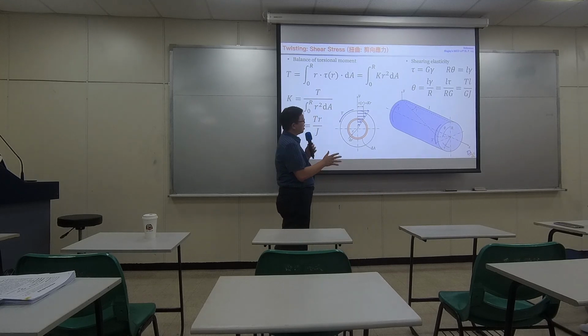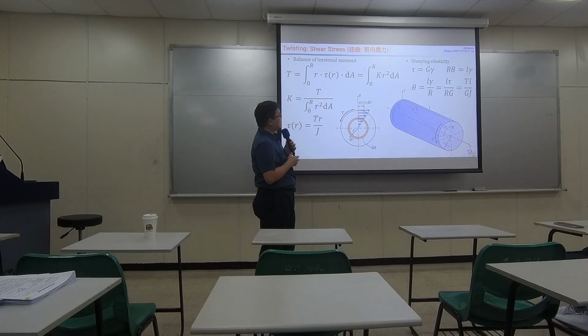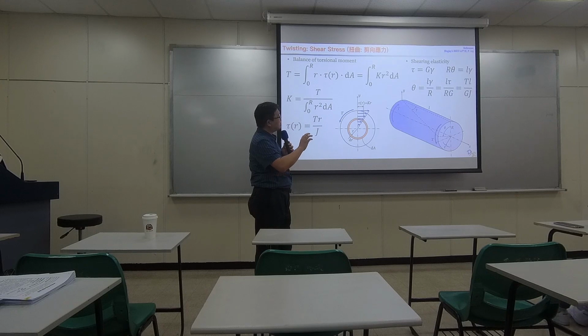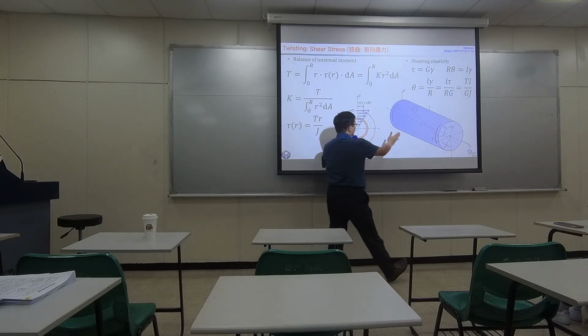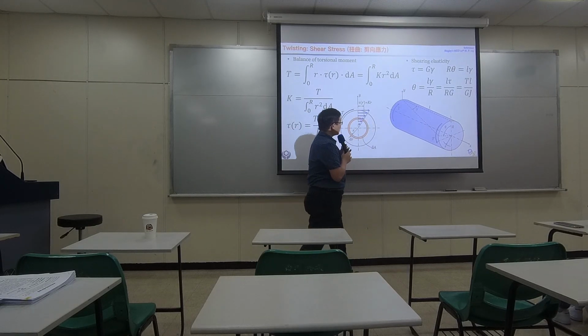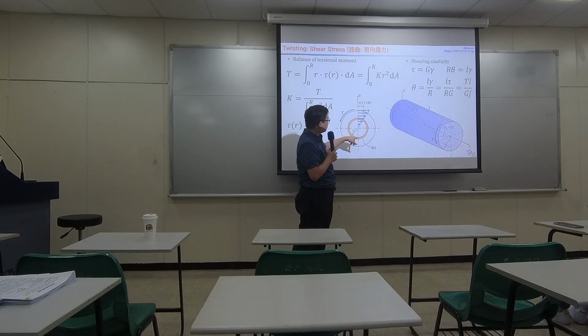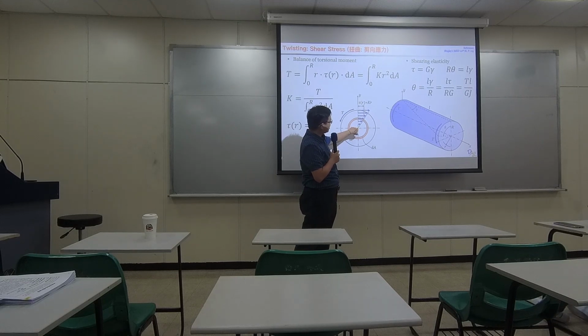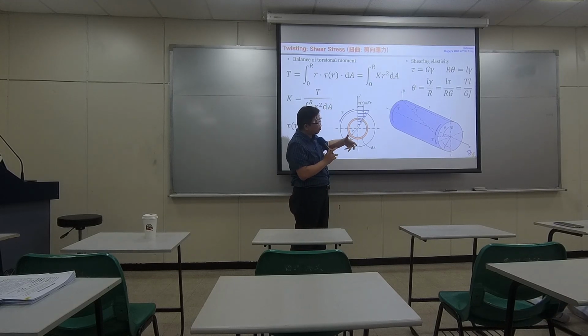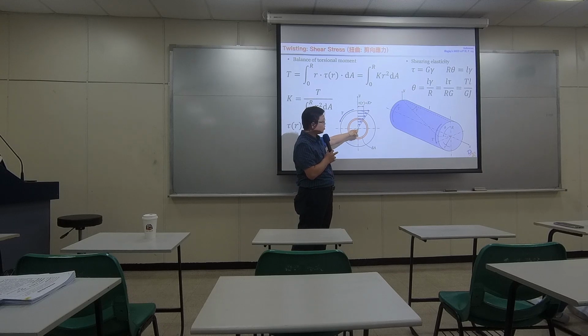So we also assume that the stress being generated at this cut is a linear model as well. Why? Because at the neutral axis, after the twist, you don't see any deformation in the center. If there's no deformation, then we can assume there's no force right there, and also no stress.